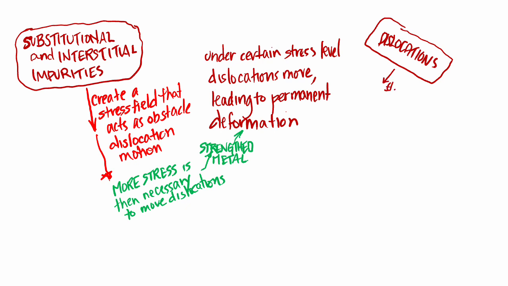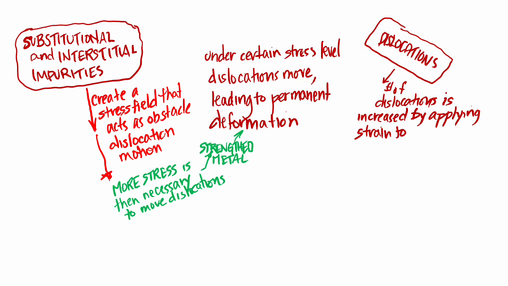The number of dislocations is increased by applying strain to the metal, which is cold work or strain hardening.